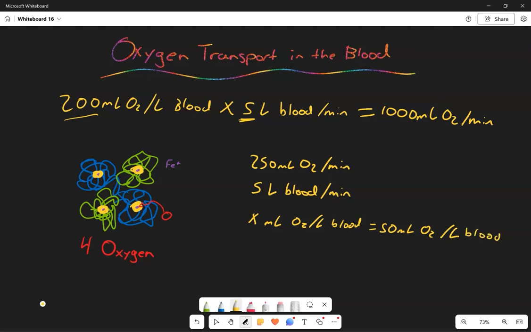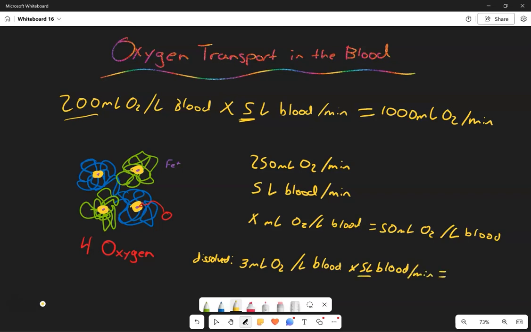But we said that in a normal circumstance, how much oxygen gets dissolved in blood plasma? That's 3 milliliters of oxygen per liter of blood. Remember, this is dissolved oxygen. Okay. So based off of that, if we're sending 5 liters of blood per minute, what is getting to our tissues?